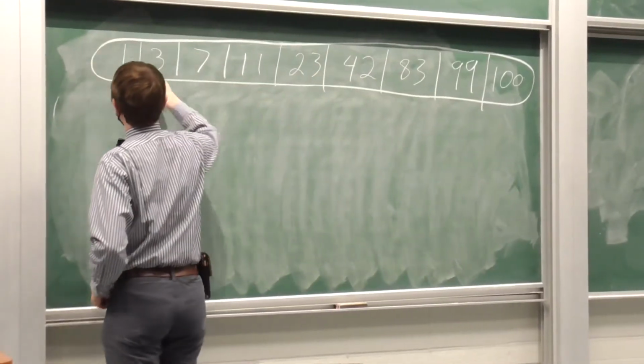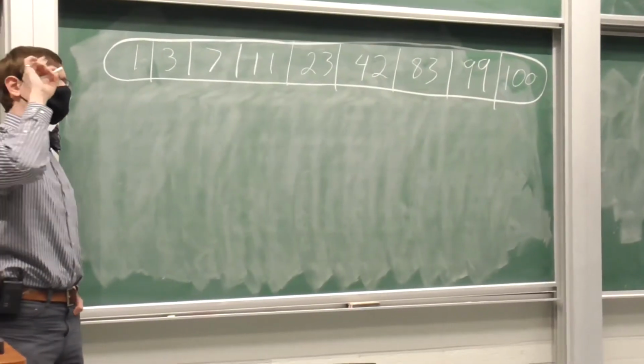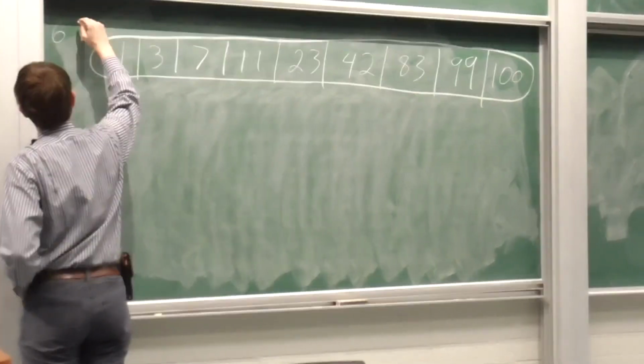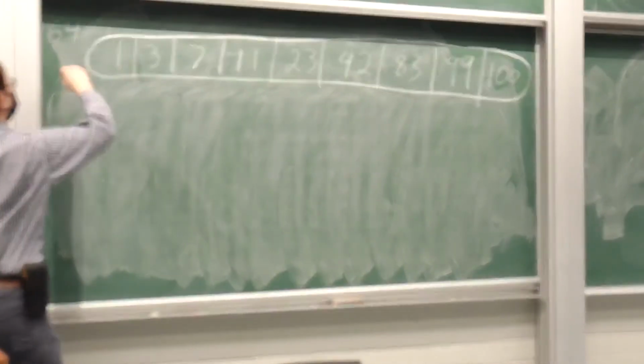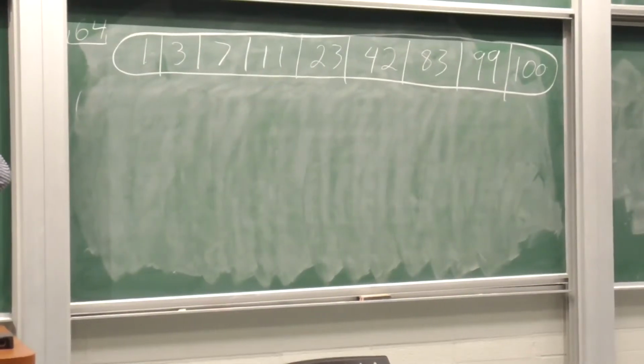Here's a data structure. Let's imagine that we are searching for the element 64. Does this exist in the data structure?